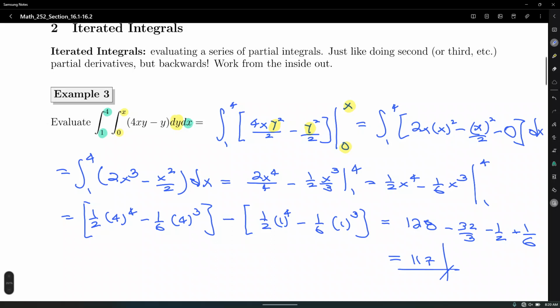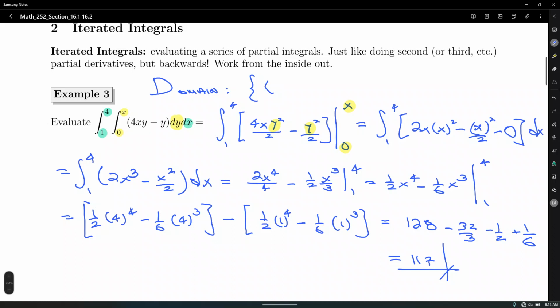Also, very important when dealing with double integrals, something I forgot at the very beginning: we need to state the domain of integration, using the correct set builder notation. And all we're going to do is use these limits to write that domain of integration.